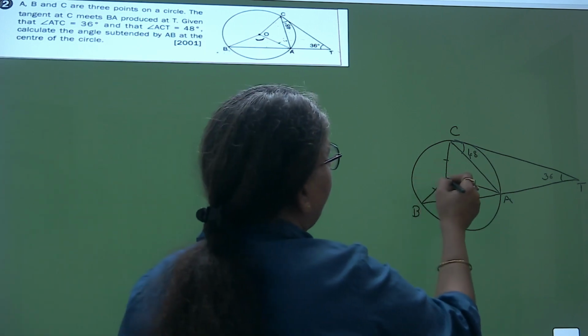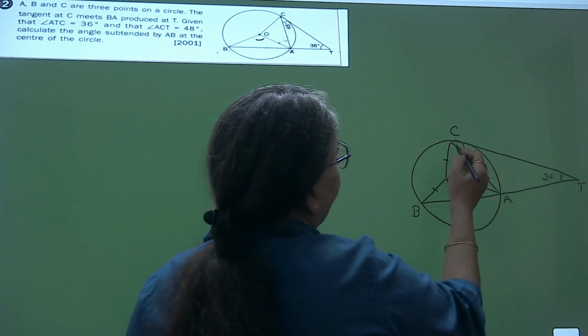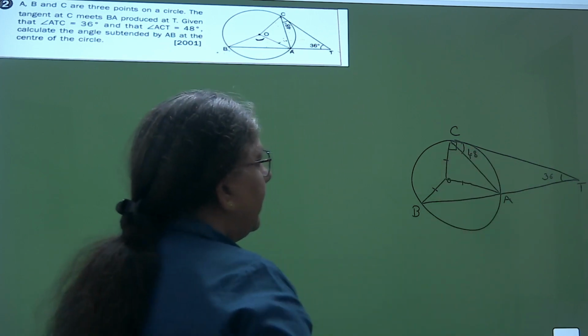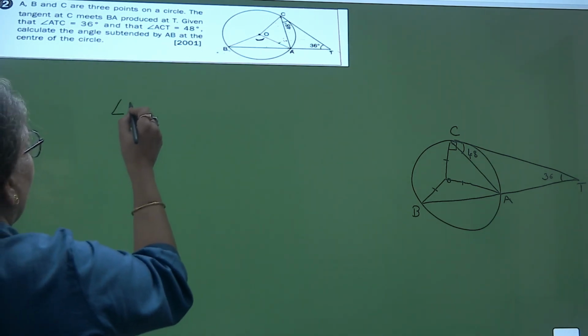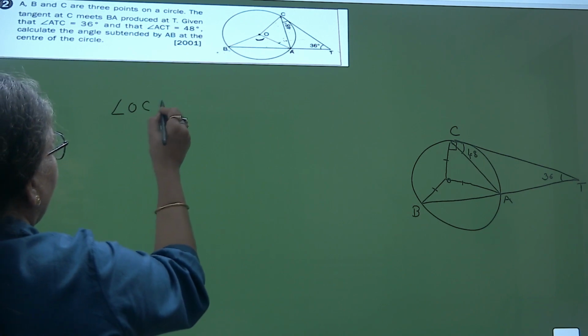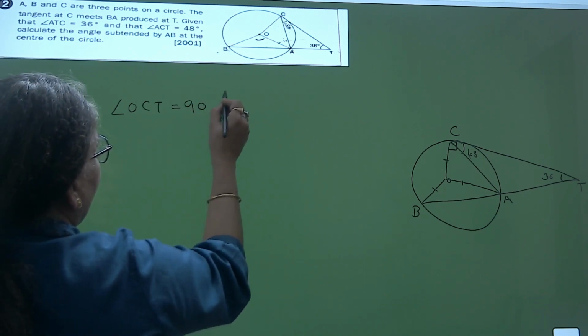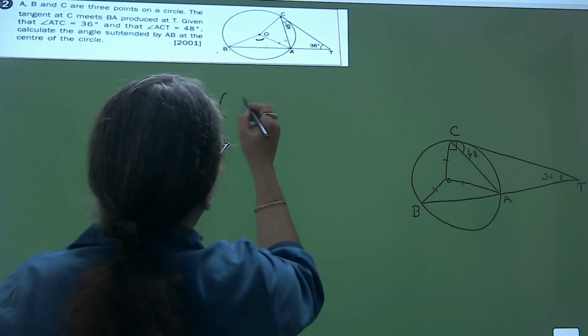So this angle OCT is 90 degrees. We can write angle OCT is 90 degrees. Reason: radius is perpendicular to the tangent CT.